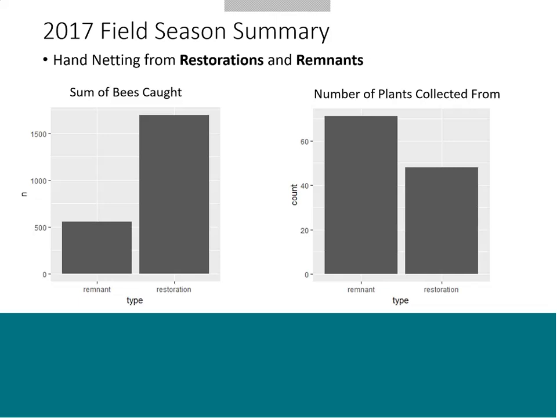So we do have a lot of the bumblebee data already, and I can't necessarily say if certain kinds of bumblebees were more common in remnants versus restorations, but I will say generally that I was totally blown away by the number of species that are considered rare that we found. So one of them, Bombus pennsylvanicus, is nationally considered to be declining.